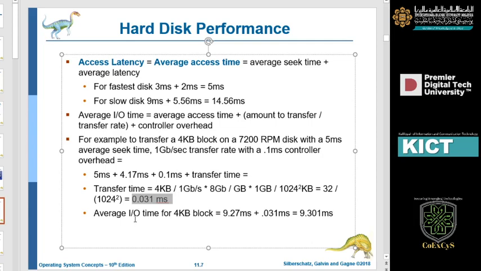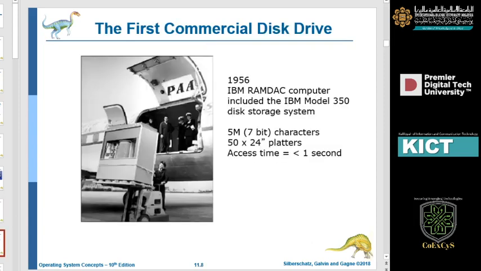The average IO time for 4 kilobyte can also be calculated as 9.27 millisecond plus 0.031 here, and you will get 9.301 millisecond for the average time for 4 kilobyte to be transferred. That is basically how you calculate those.